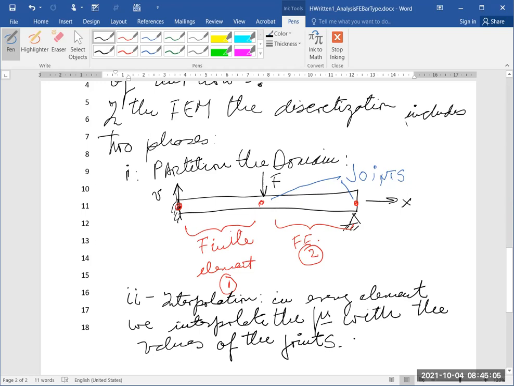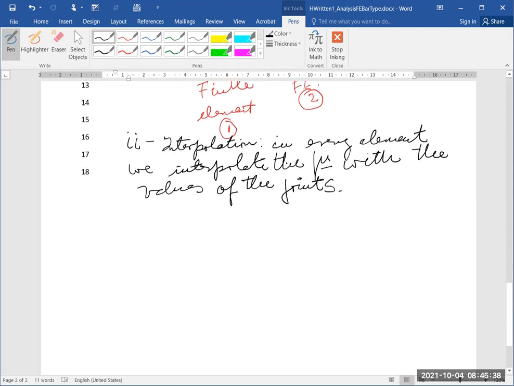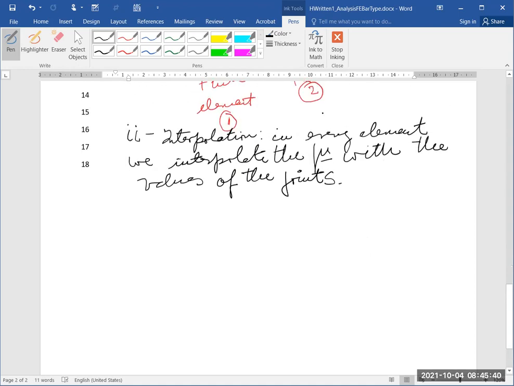So first we partition. And after we partition, we start looking at what happens in the joints. Why? Because at every joint, we're going to have an unknown. And what we do is we assume an interpolation in every element. Please, this is every element. We interpolate the values in every element using as a reference the values at the joints.